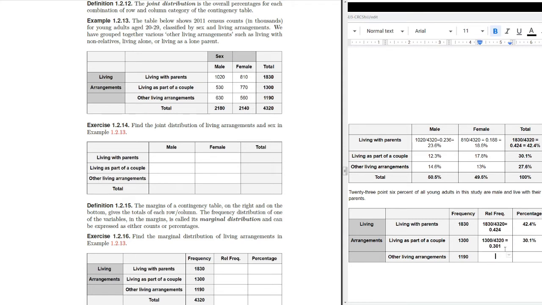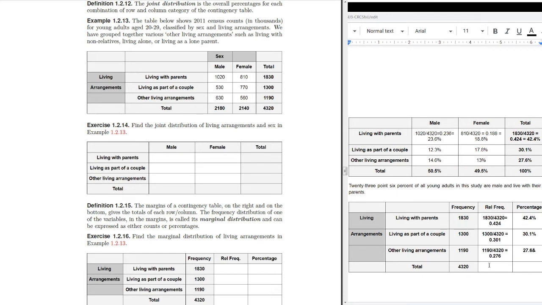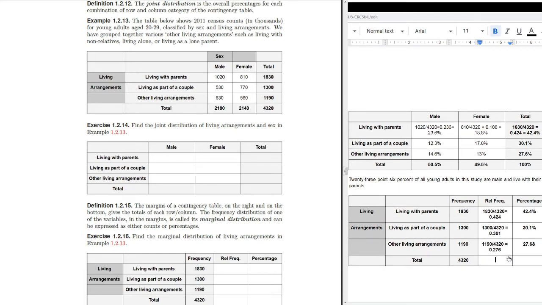And in other living arrangements, we have 1190 divided by 4320, which is 0.276 or 27.6%. And if we take the grand total over the grand total, that will give us a relative frequency of 1 or 100%.